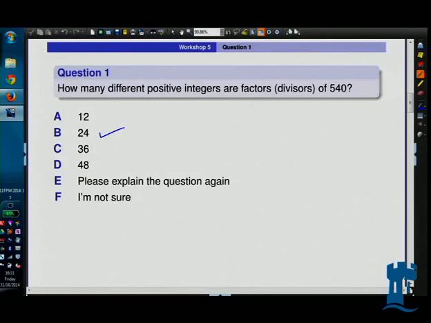Okay, so how do you do it? You have to find the prime factorization, which we know is essentially unique. According to my notes, it turned out that 540 is equal to 3 cubed times 2 squared times 5 to the 1, in any order you like, it doesn't matter, okay?